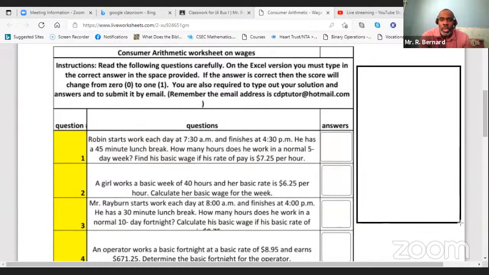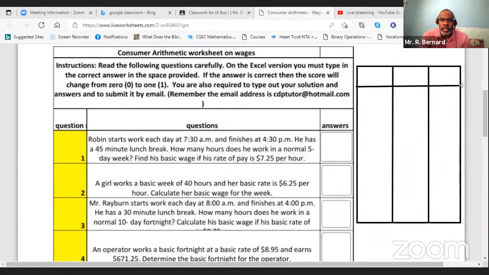All right, so you draw your table, divide it into 3 columns.